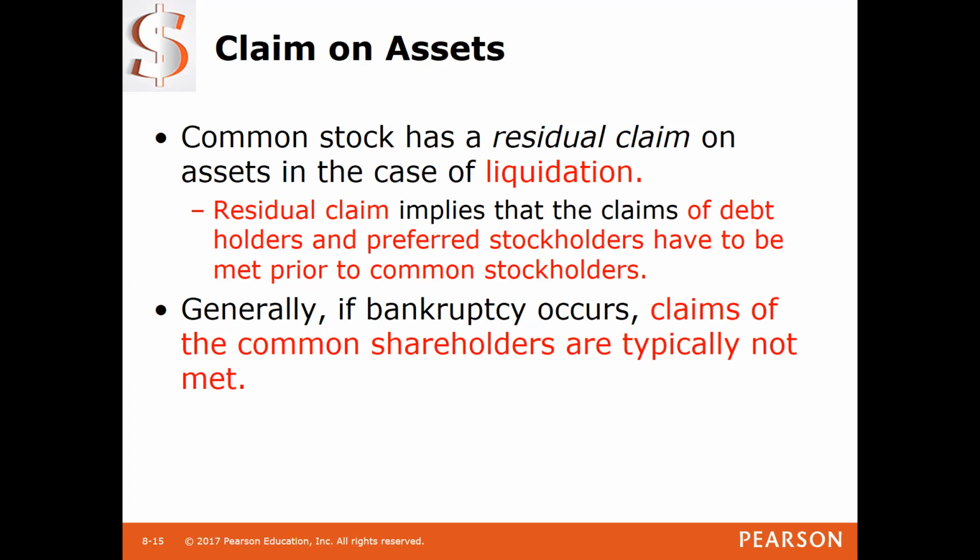That means the debt holders or the creditors would be paid first. So the bond holders, the commercial bank loans, would get paid first. Then come the debentures, then the preferred stockholders, and only then, last, the common stockholders would get their piece of the liquidated assets, assuming that there is anything left.